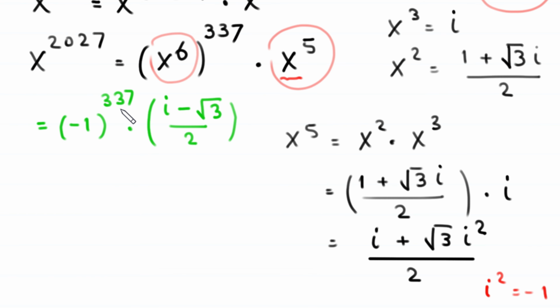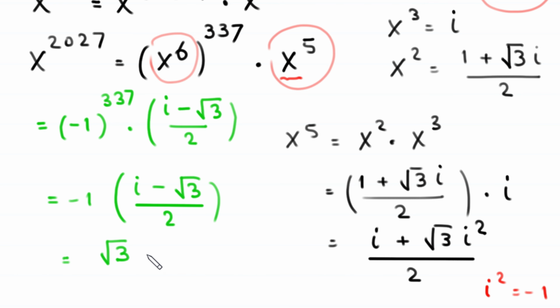Since this 337 is an odd number, this negative 1 remains negative 1. This will become negative 1 times i minus root 3 divided by 2. And negative 1 times i will become positive i, and this negative root 3 will become positive root 3, so we get root 3 minus i divided by 2. And this expression is equal to this x to the power 2027.